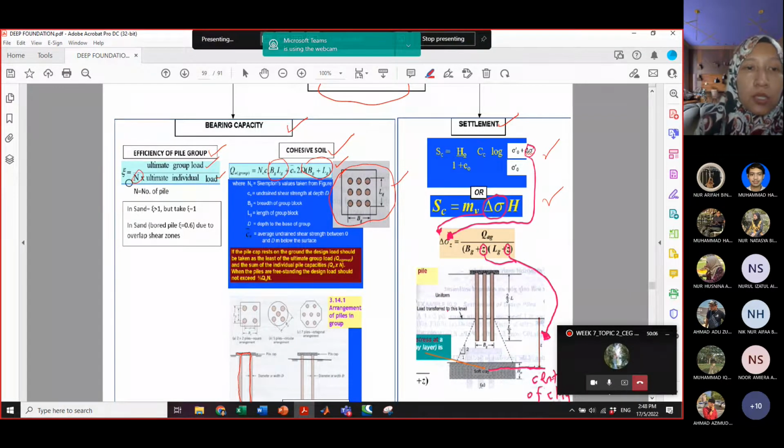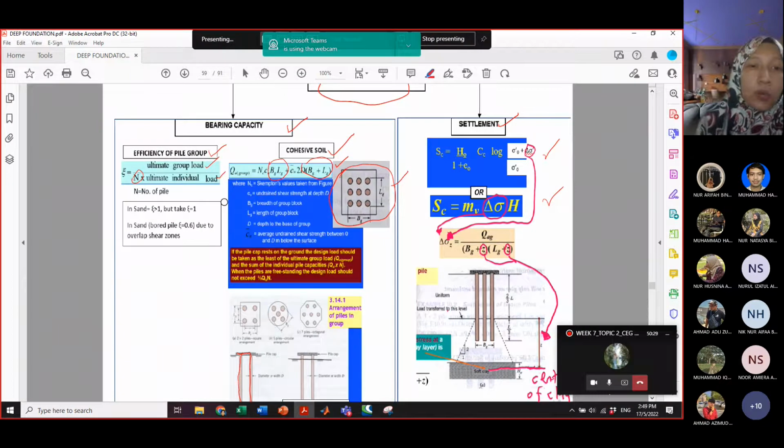So how do we know the efficiency? We have to first calculate the ultimate group load. Or it can be given in the reverse way. For example, we already know the efficiency equals 1. How do we know the ultimate group load? Efficiency times the number of piles times the ultimate individual load.